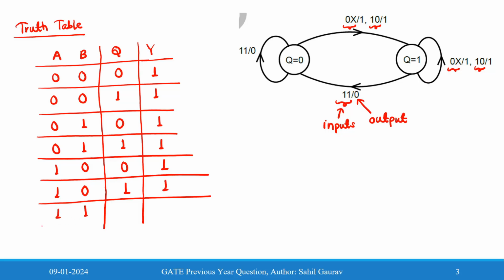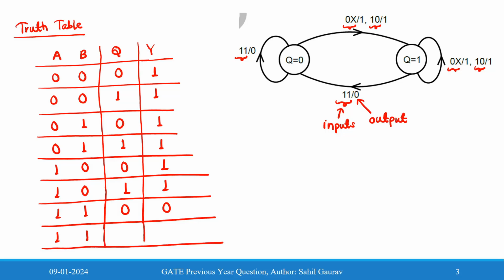Now we take A and B both as 1 1 and Q as 0. This falls in this case and it does not change the state, so the output will be 0. In the next case, we take both inputs as 1 and Q as 1.